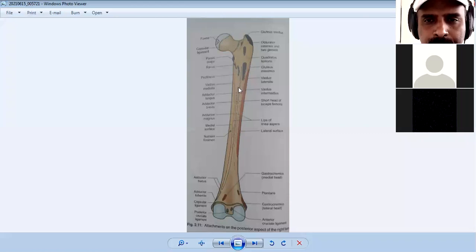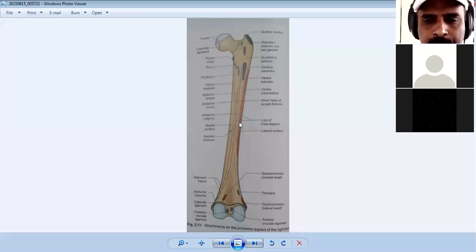In the upper one third, you have to remember it has four borders and four surfaces. Here we have the medial border and the lateral border. Separately we get the spiral line, then the lateral lip of the gluteal tuberosity. So all these four make the borders of the upper one third of the shaft of the femur.